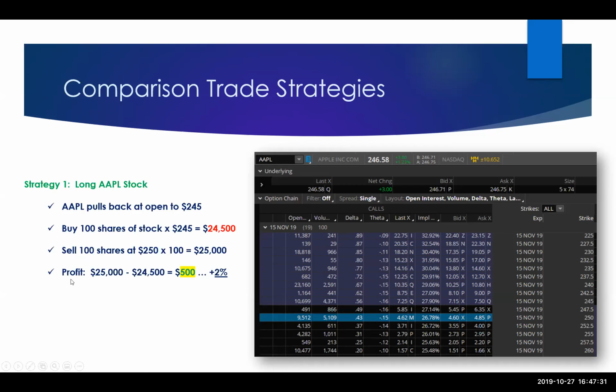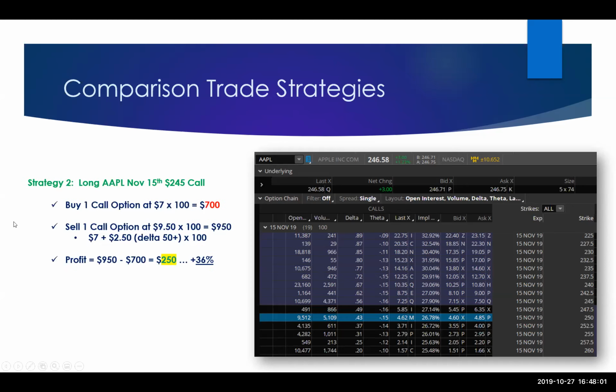So my profit in this scenario is the amount I received, $25,000, minus the amount I paid out, $24,500, for a profit of $500. And so what does that mean percentage-wise? If you're like me, I love those percentages. That's a 2% win. So in order to make $500, you had to pay over $24,000 to make $500. That's one strategy. Let's look at another strategy.